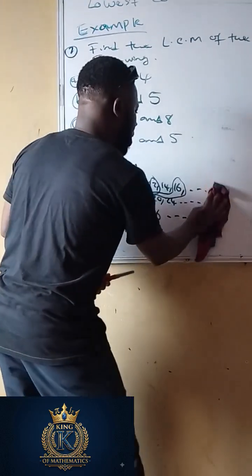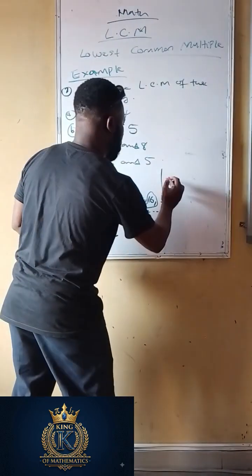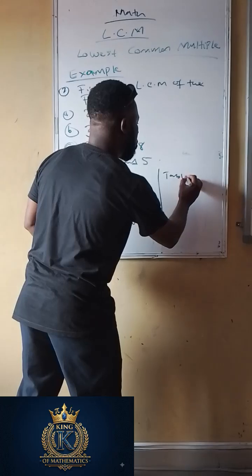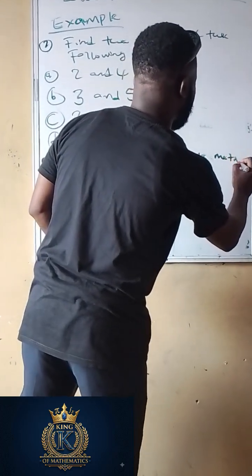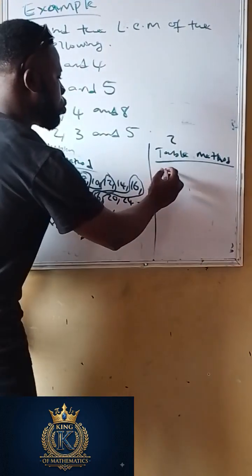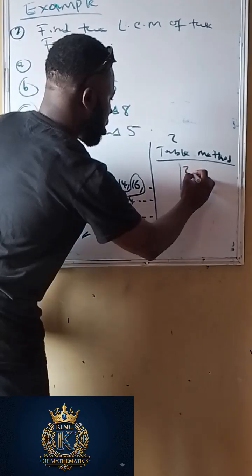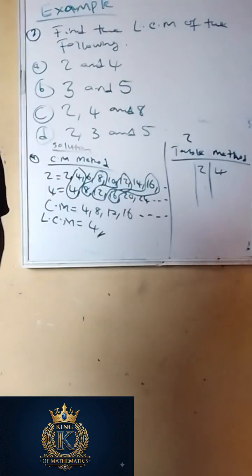That will lead us to method 2, which I call the table method. You just put them in the table format. Then you start dividing by what we call prime numbers.